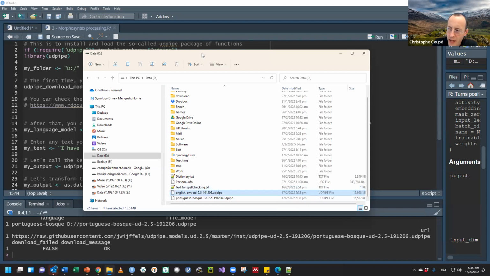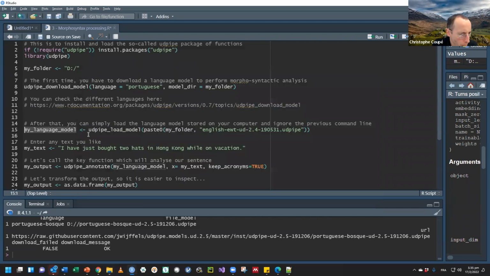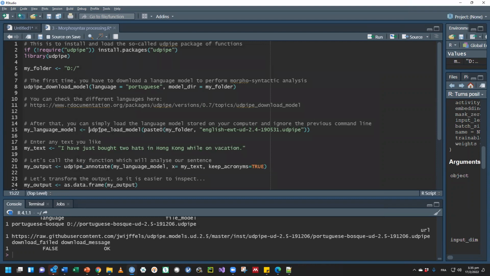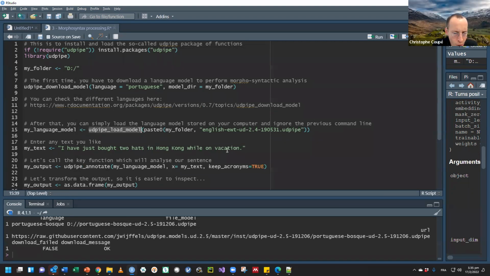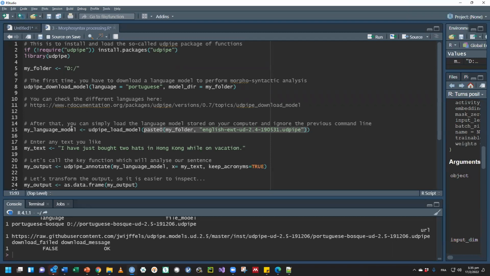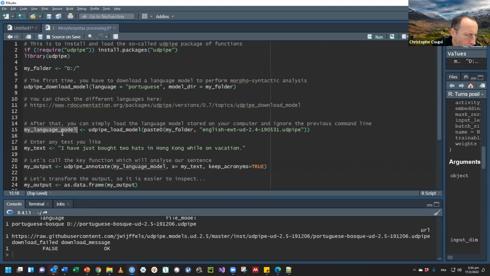What I just say is that, okay, I load with the function UDpipe load model, please load the file in the folder. So you see, I use paste0 to combine the name of my folder with the name of the file, and then put the result in an object, in a variable. I called it my language model. Why not?